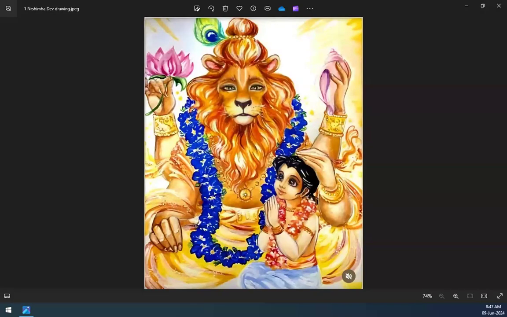So our body is made out of gross elements largely, and we have a little bit of intelligence. Comparatively, Brahmaji's body is largely made out of intelligence.